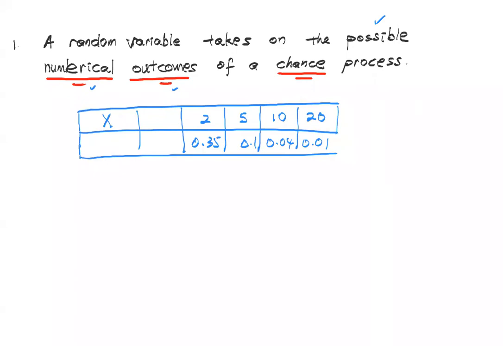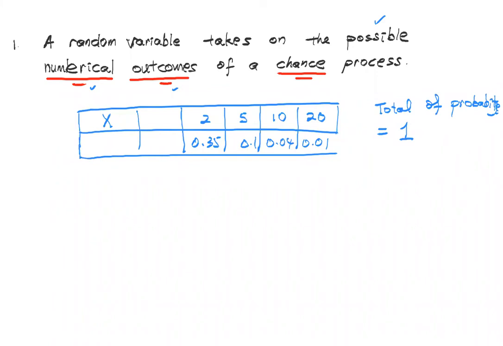When you talk about chance, the total of chance means probability. The probabilities must be equal to 1. You are talking about the whole situation. So for the whole situation to happen, the chance is 1, that means 100%.